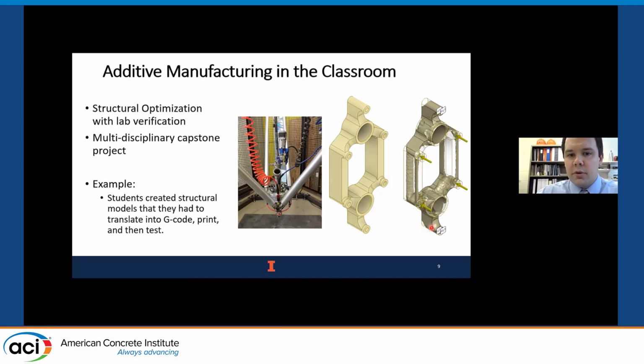So one of the other concepts that he works with is, he teaches a finite element course where students learn about structural optimization or topology optimization. And in that, they actually had to go through the optimization, then transform their optimized model into G code, and then they printed it. Now they did this on polymeric type printers, but then they actually had to take it into the lab and test it.